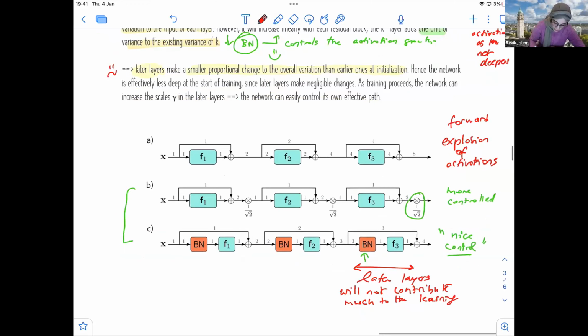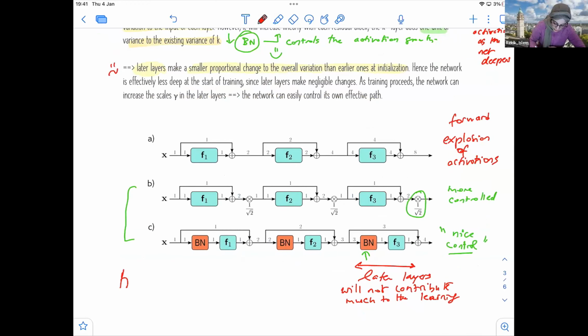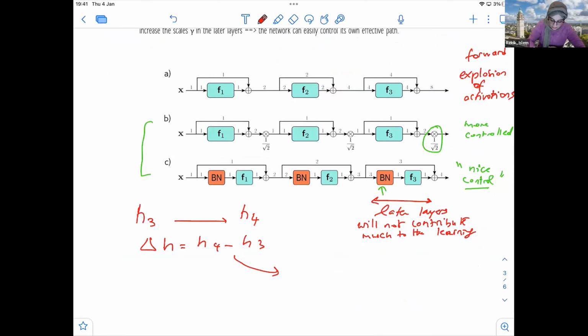Remember when we said, for example, we'll go from H3 to H4, and we have the delta, which is H4 minus H3. If this is identical, then there is no variability in the learning.